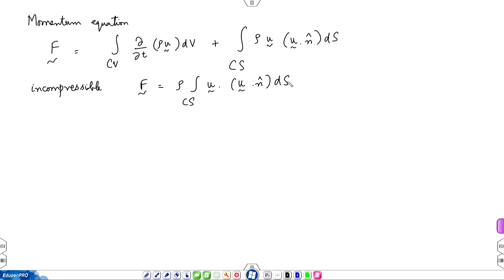If you know F, you can try solving for u, but in the initial part we will estimate F by approximating u.